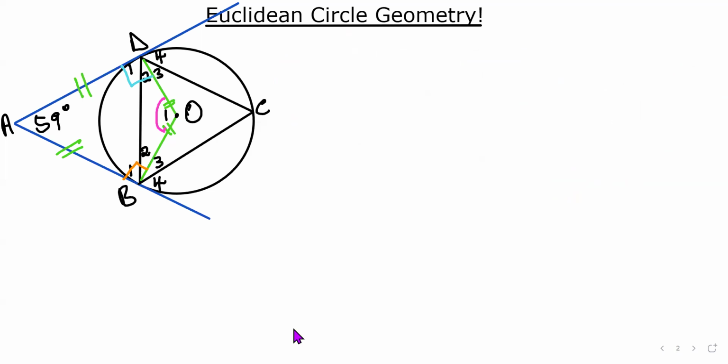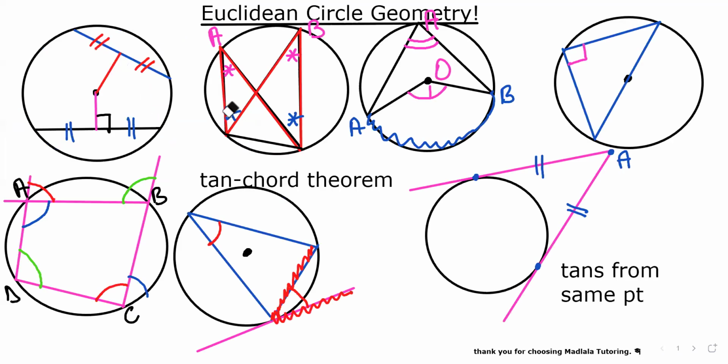Did you know that if we can show that two angles are in the same segment, in other words, if we can show that two angles are subtended by the same arc or by the same chord, then you have actually proven that a quadrilateral is cyclic. Imagine. Let's go back to this figure and remove the red.